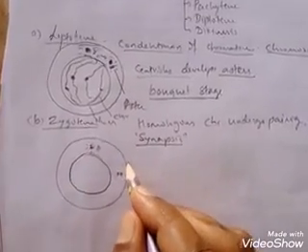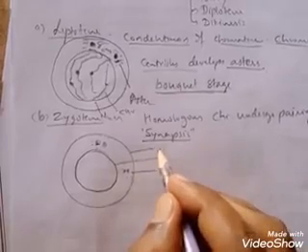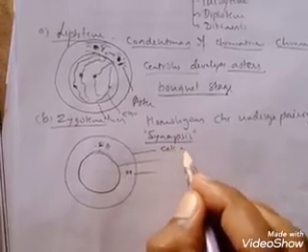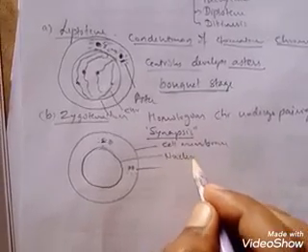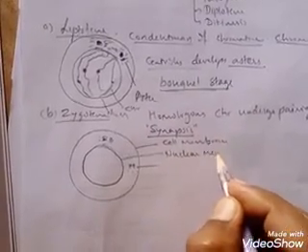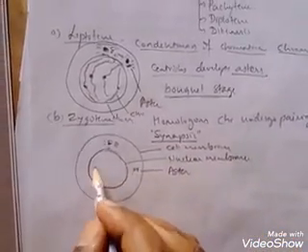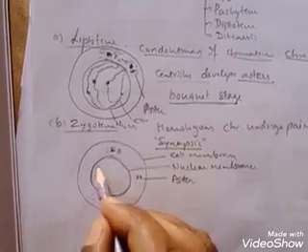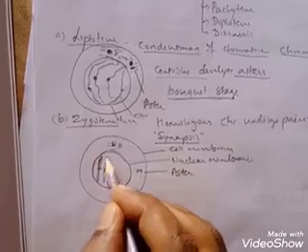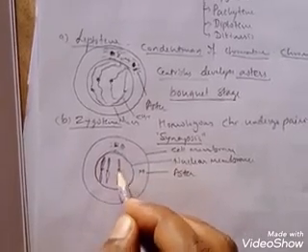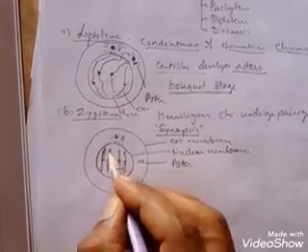Here also you can mention the same thing: the cell membrane, nuclear membrane, aster, and these are the homologous chromosomes you can observe here.